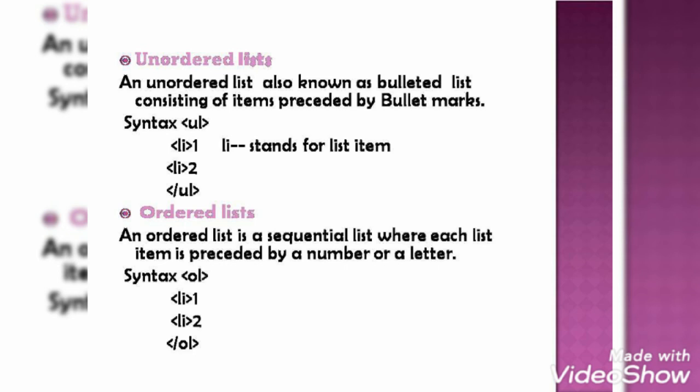The tag for an unordered list is UL, meaning unordered. Then you mark the items you want to add with LI, list item 1, list item 2, list item 3, all the items you will add, and then you close the unordered list with the closing bracket / UL.